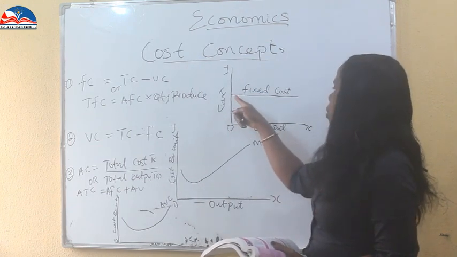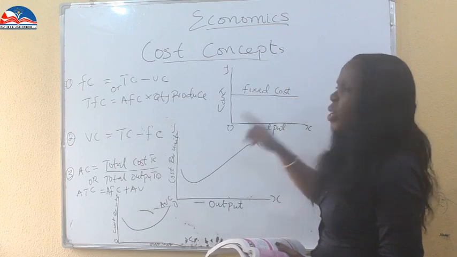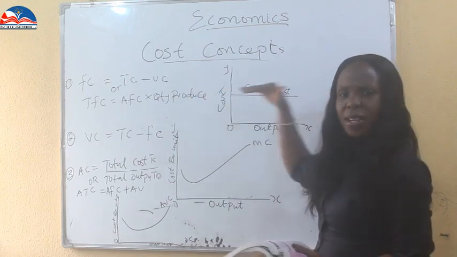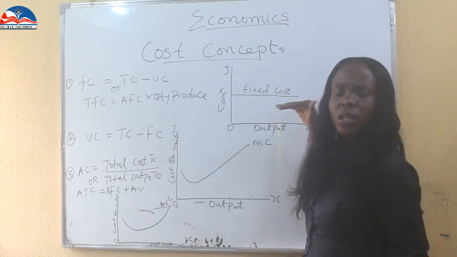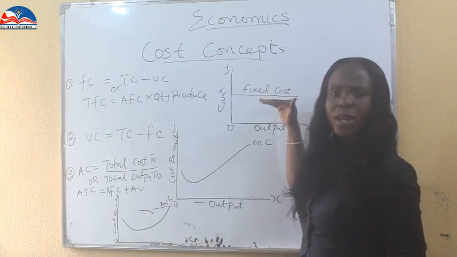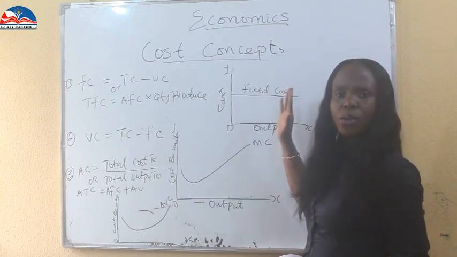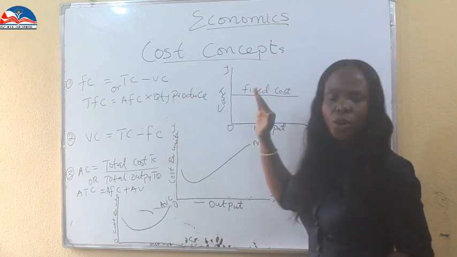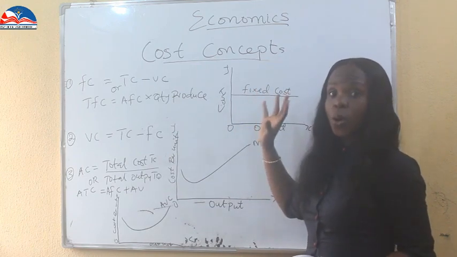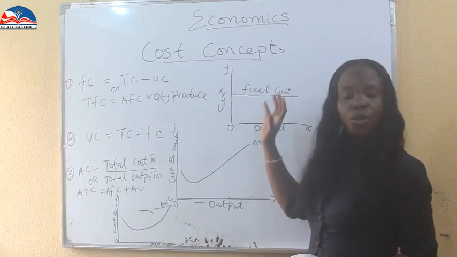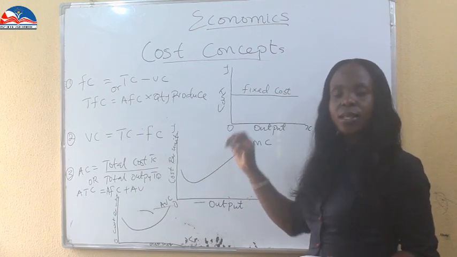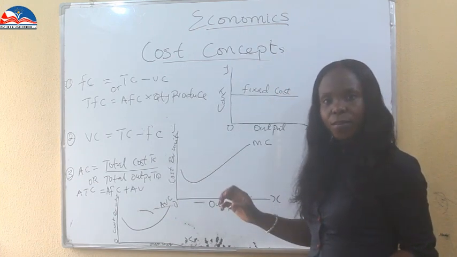If it's 10, it's going to be 10, 10, 10, 10. So it doesn't curve. It remains constant. No matter the time, the output, the taste, or whatever, the market doesn't affect how the fixed cost goes. So it's a constant variable that doesn't change. It's stable, it's the same.